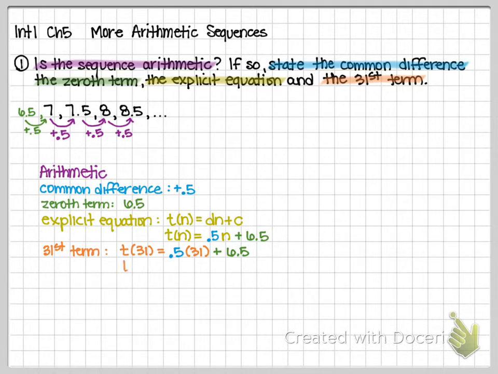Now I'm going to grab our calculator and type it in. 0.5 times 31, plus 6.5, gives me 22. What this says is that 31 is the location in the sequence, and 22 is the actual number in the sequence. Really, this is just what we did last time. All right, let's move on.